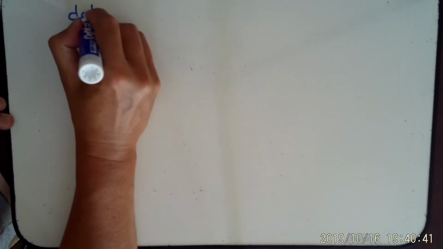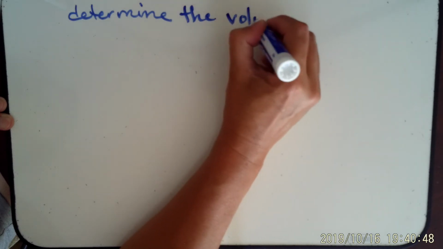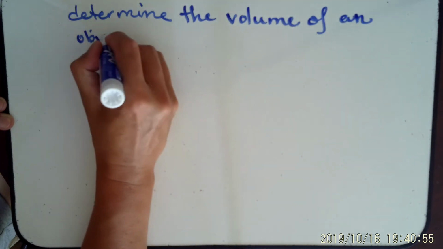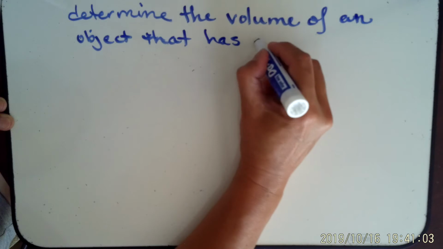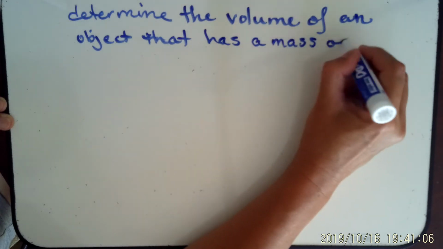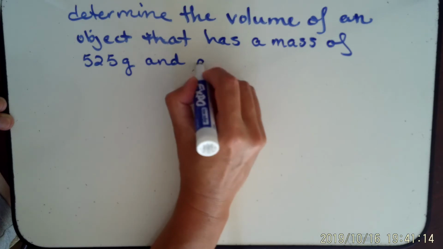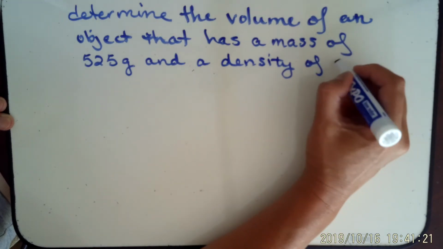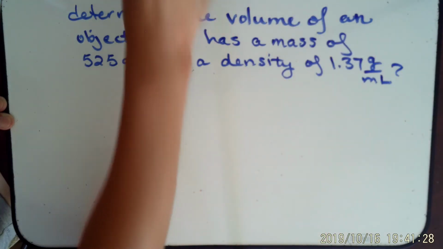Determine the volume of an object that has a mass of 525 grams and a density of 1.37 grams per milliliter. Okay, that's not a question.